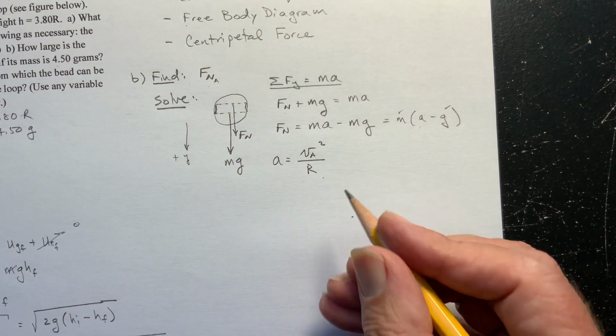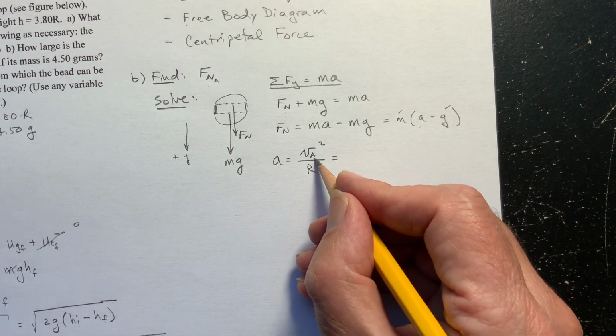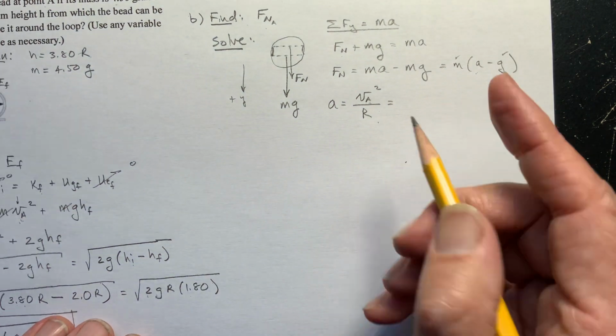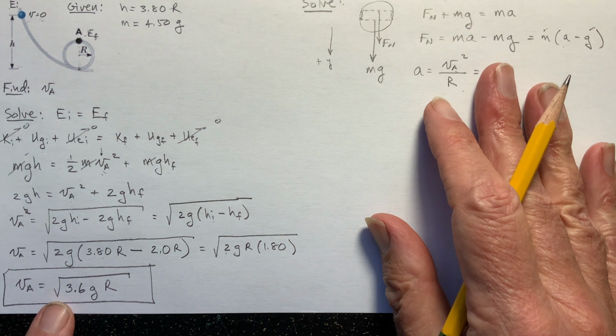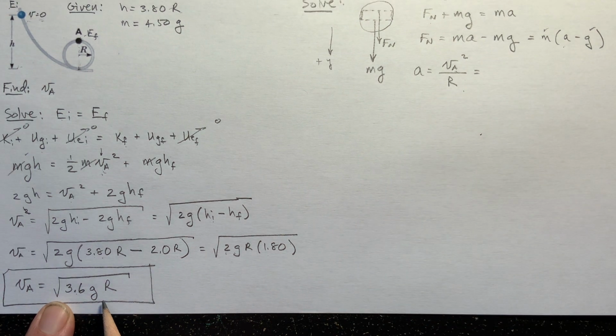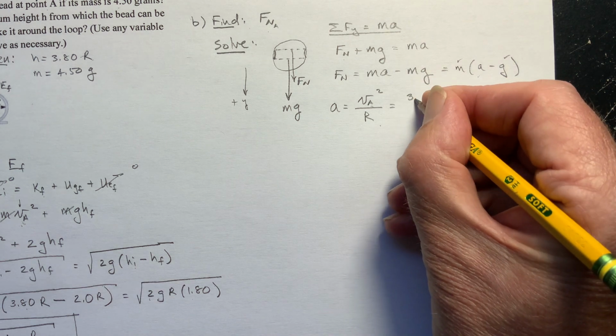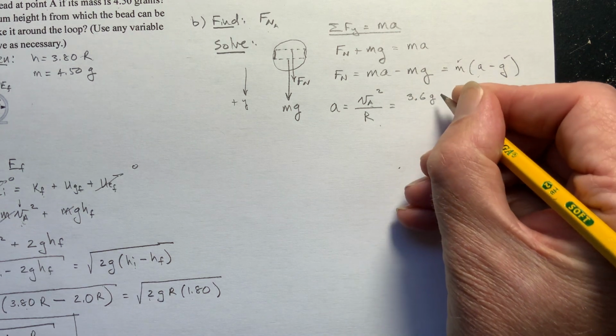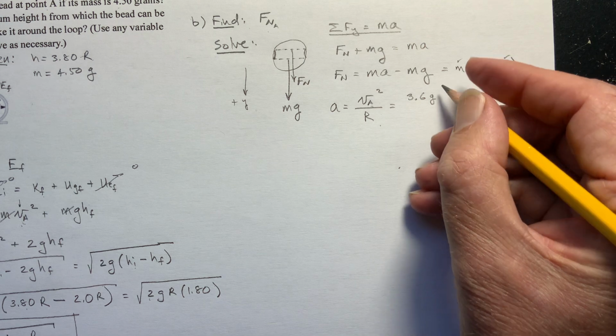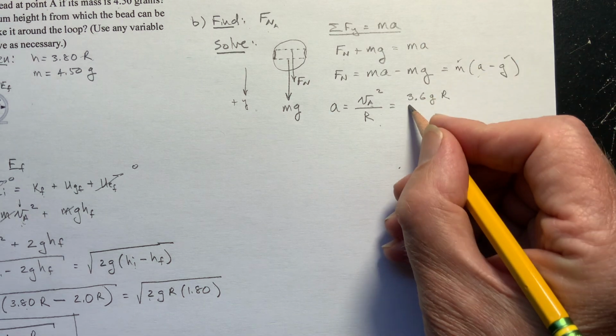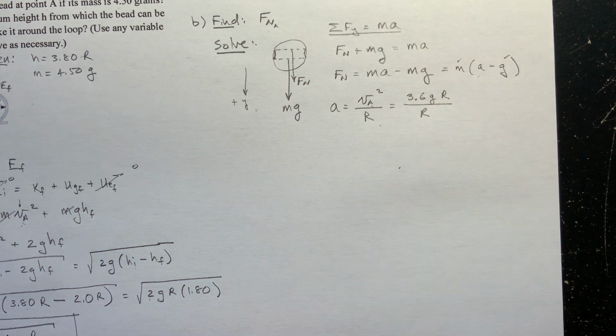So now we have an expression from part A of this problem for the velocity at A, which is 3.6 times the square root of gr. But it's squared, so this is going to be 3.6 times g times r over r. Okay.